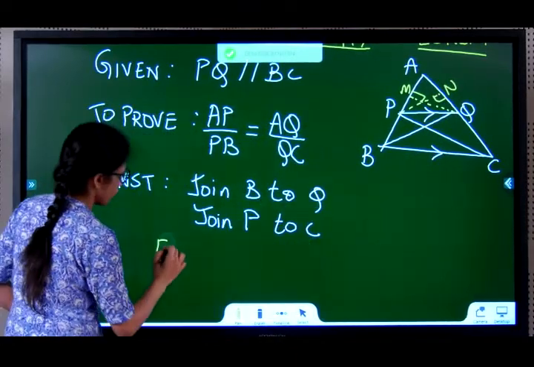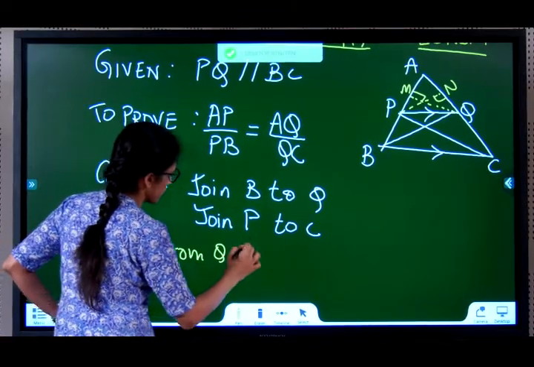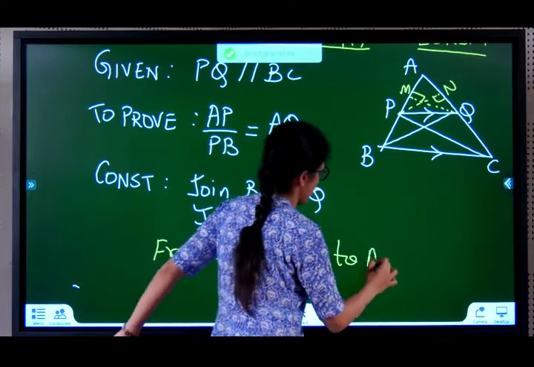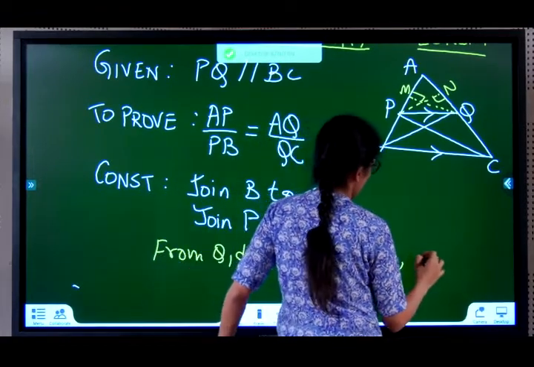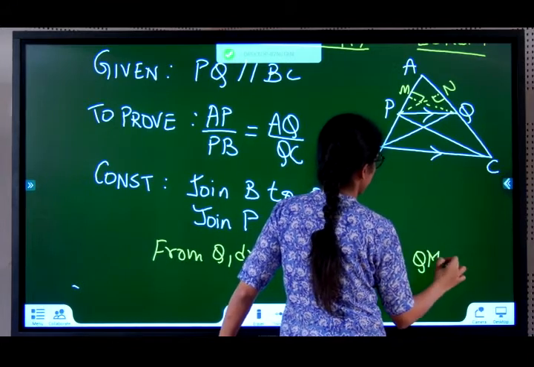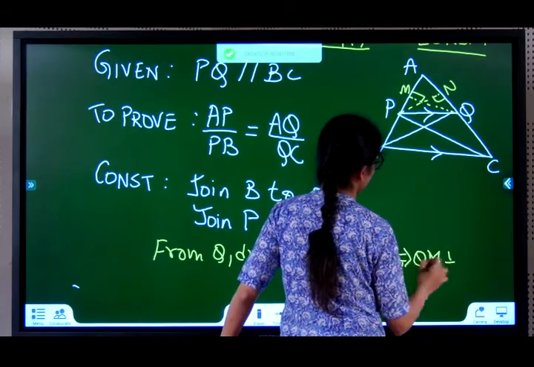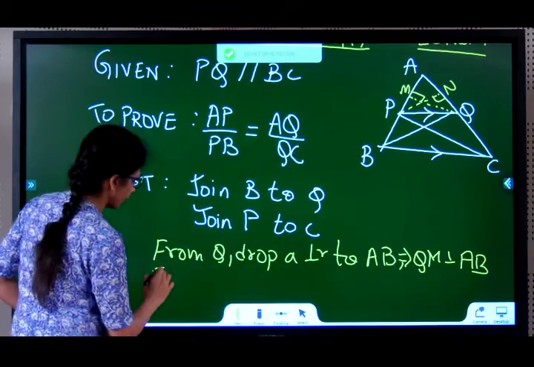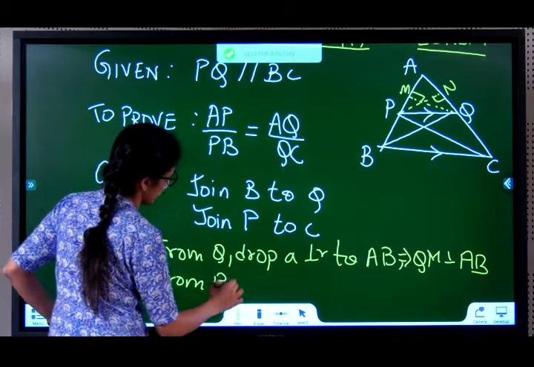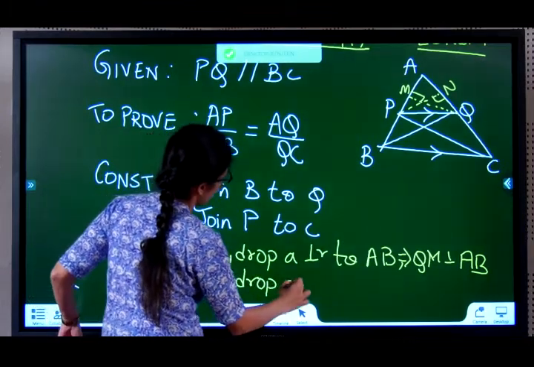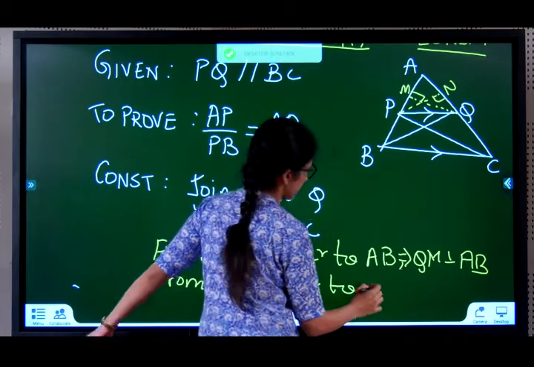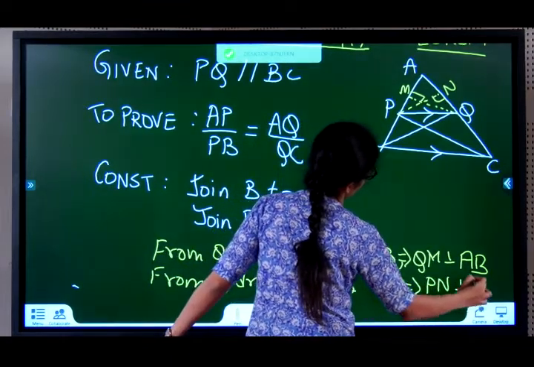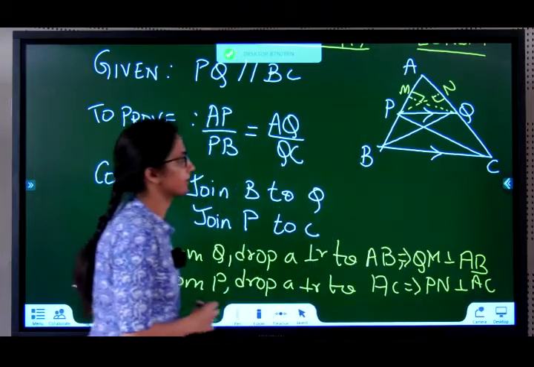So QM is perpendicular to AB, and PN is perpendicular to AC.